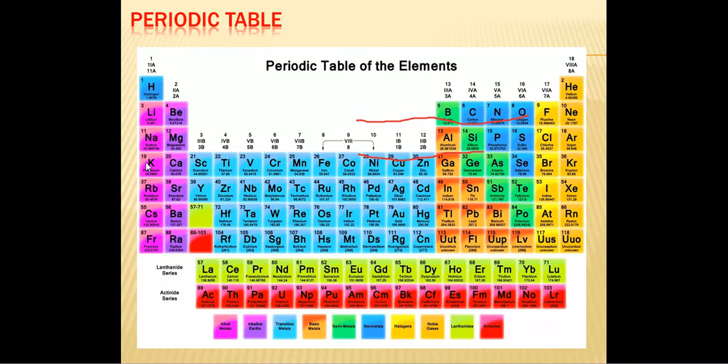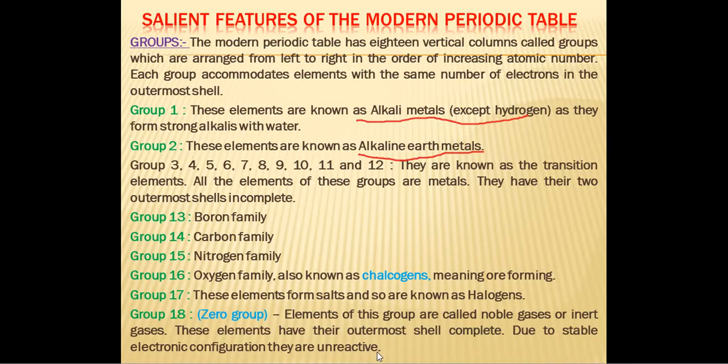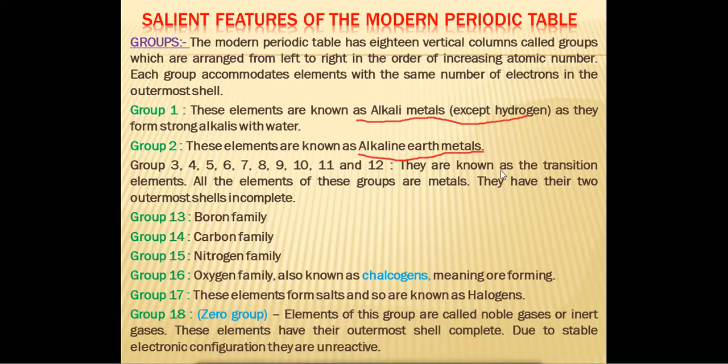Sometimes questions are asked: write 2 or 3 examples of alkali metals, or write examples of elements present in group number 1. That time you can write lithium, sodium, potassium. And for group number 2, you can remember beryllium, magnesium, calcium, strontium. So group number 2 elements are called alkaline earth metals. Examples: beryllium, calcium, magnesium, strontium.